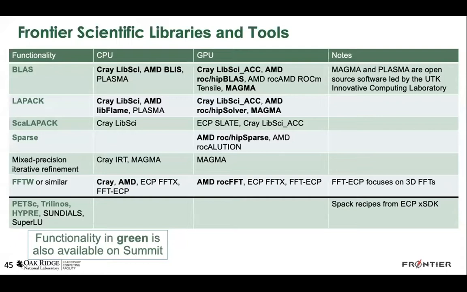Again, most of these, except the query-specific mixed precision iterative refinement library, are already available. And there are Spack recipes available for a few of them, which will be deployed via the ECP SDK, which is basically the software release from the ECP projects, which will support these.